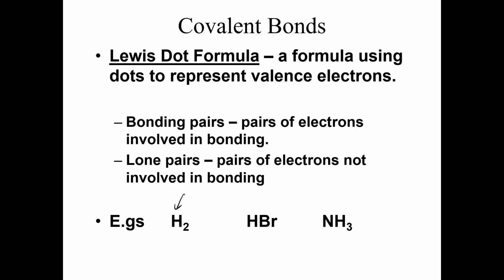Hydrogen is easy because each has one electron. As they approach each other, they form a single bond, and this is how both hydrogen atoms fill up their valence shell. So 1s2, both of them get a full valence shell, and that's what it's all about.